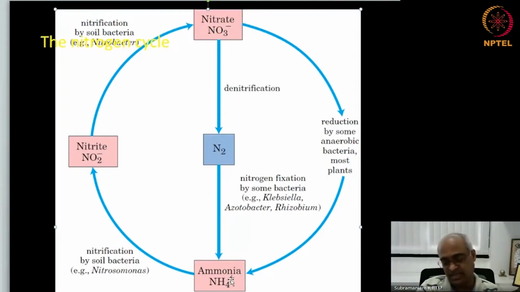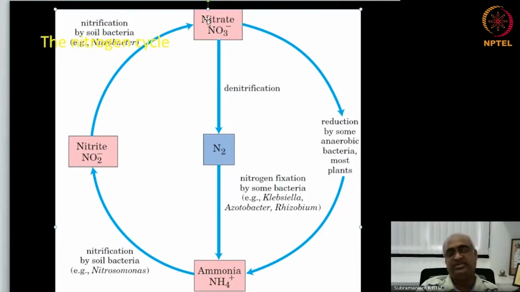Plants incorporate it into amino acids. For example, transamination of alpha-ketoglutarate, which is an intermediate of the TCA cycle, will produce glutamate. That is how nitrogen gets into the biological molecules.